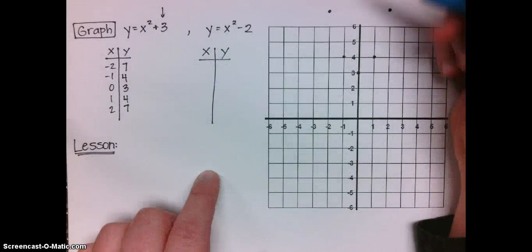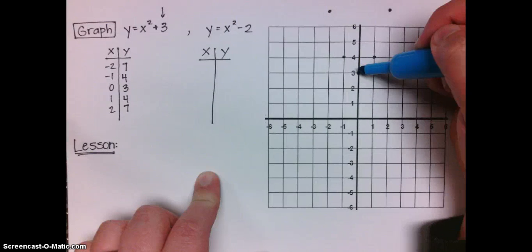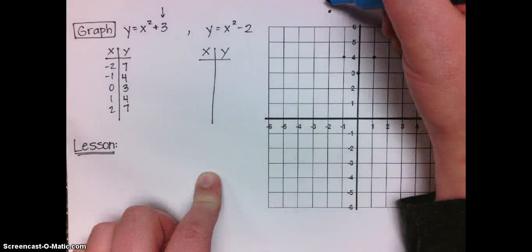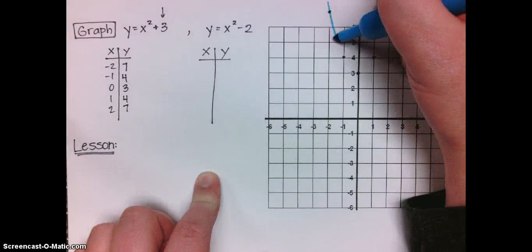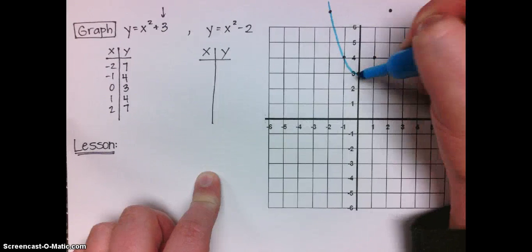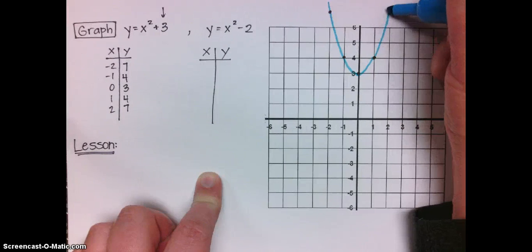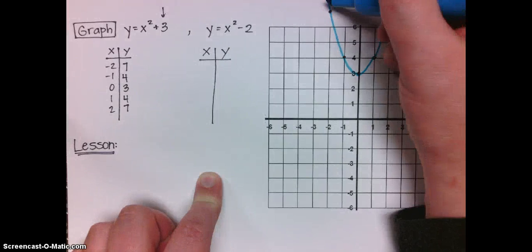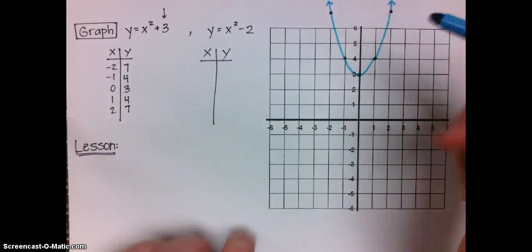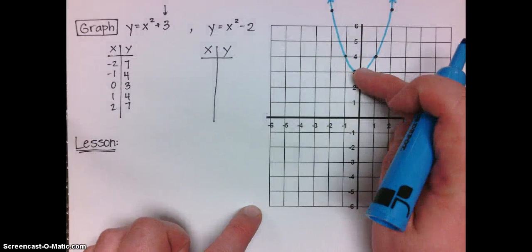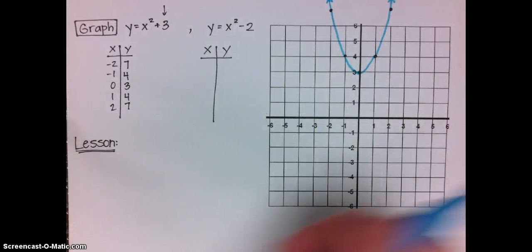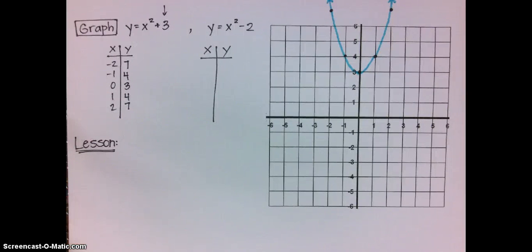It looks like now the vertex of this is going to be right here at 0, 3. And this looks very similar to the parent quadratic function that I had, except it looks like it's just moved up on the y-axis beginning at 3.